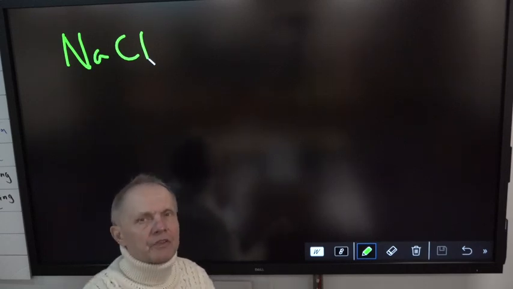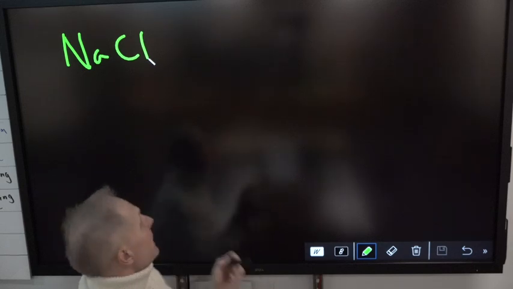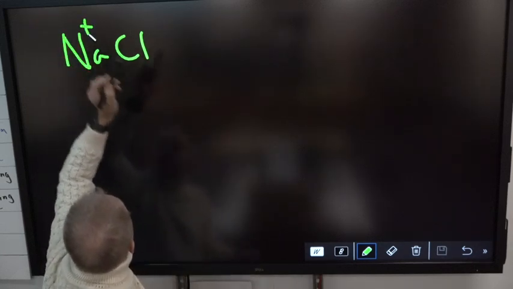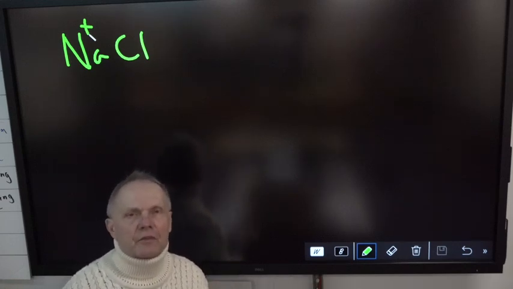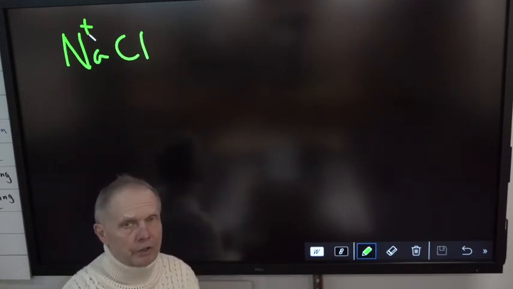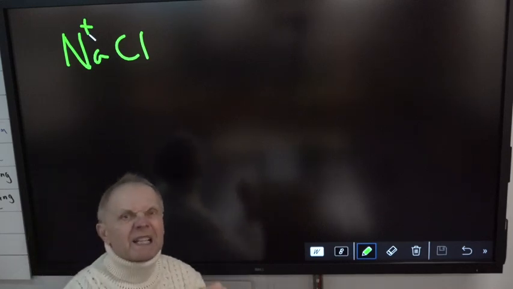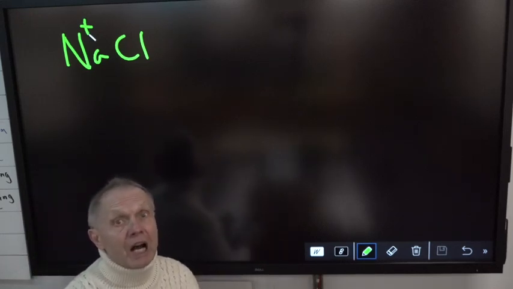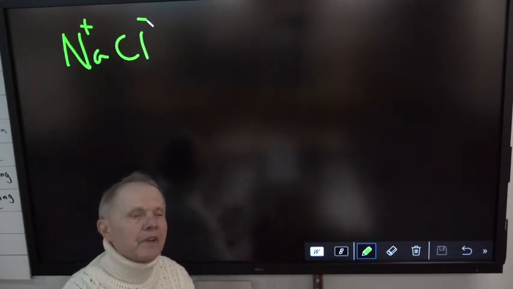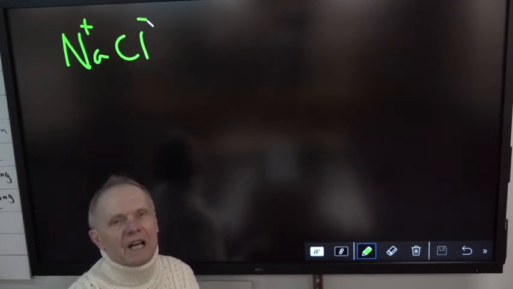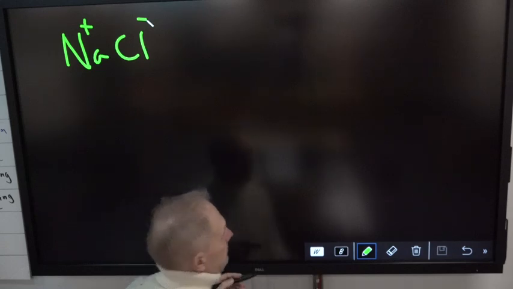If you lose a valence electron, you are a positive ion. And then chlorine is way to the right of the periodic table, so it's smaller than sodium, but it gains an electron, so its ion is pretty big. So that's Cl minus.